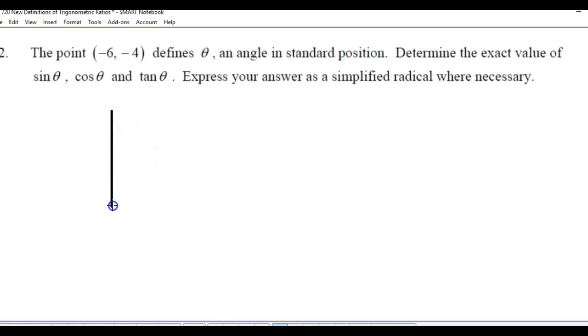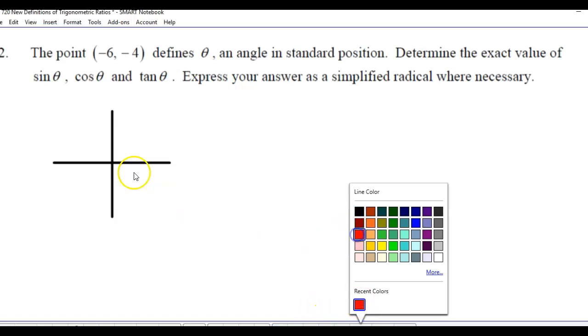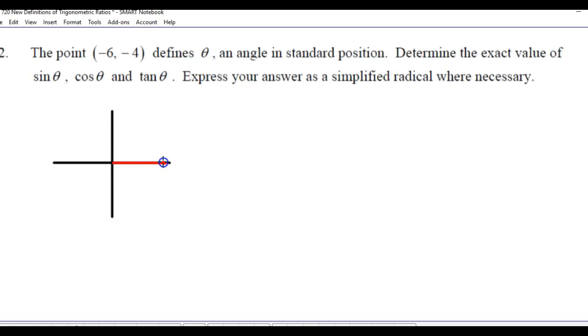So your xy axis, then initial arm, then terminal arm. So -6, -4 would be in the third quadrant. Didn't change the color, just give me a sec.